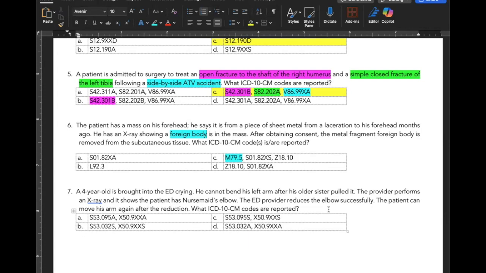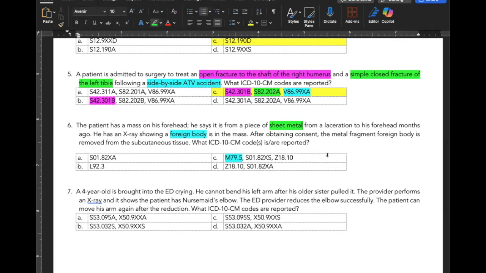Jeannie, did you say something? Yeah, I said metal. Metal. Okay, yeah. Sorry, it kind of broke out for a second. So I wanted to make sure that you were saying metal and you weren't saying something else. No worries. So it is that sheet metal. So retained foreign body fragments and then metal.